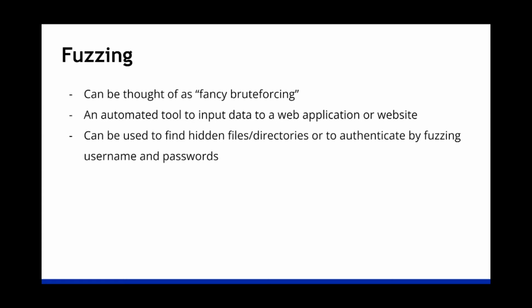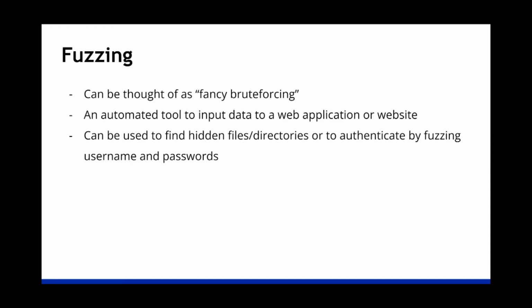You can use fuzzing to find hidden files or directories, or, for example, to authenticate to a website, you can fuzz usernames and passwords. You can also fuzz DNS stuff. There's a bunch of things you can fuzz.